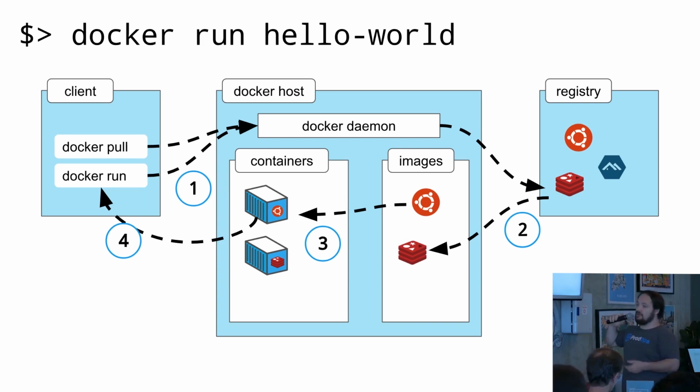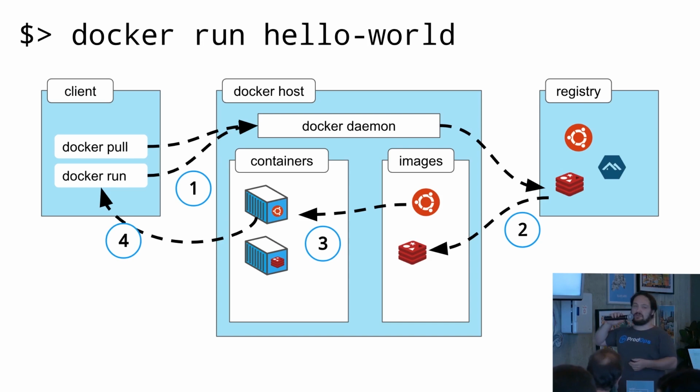So the command docker that you actually run is the client, right? It talks with the Docker daemon, which is the server side of Docker, and tells it I want to run an image called hello world. The daemon checks if it has that image locally in its cache, and most probably it doesn't.